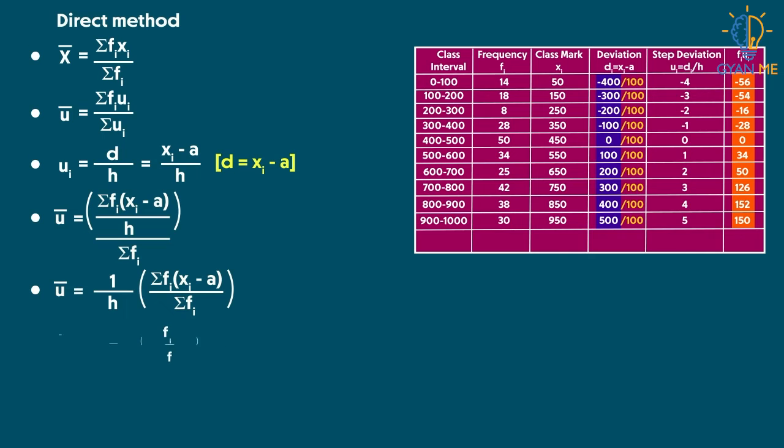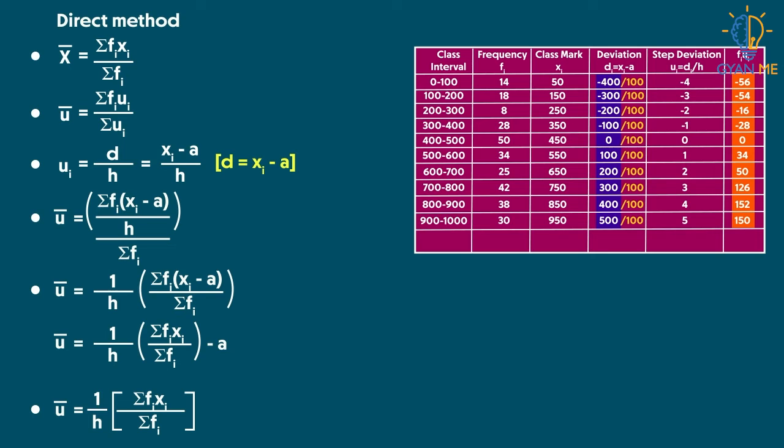Now students, simplify this equation further and we get u bar is equal to 1 upon h into bracket sigma fi xi upon sigma fi. Recall that sigma fi xi upon sigma fi is our mean for the original data x bar.